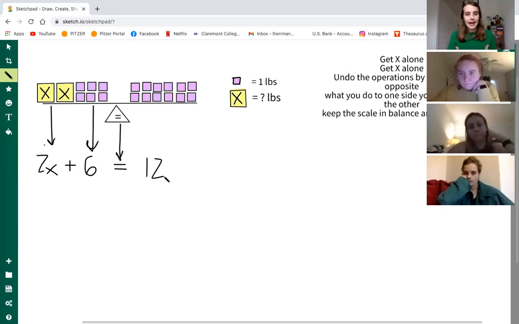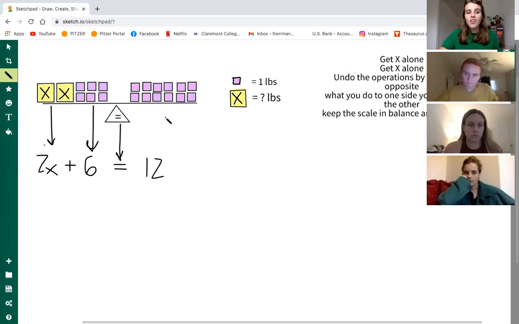But we need to get X alone in order to solve for the X value. So I want you to think of how we might add, subtract, move some of these weights around our scale in order for us to get X alone. But we need to be careful. If I want to get X alone, it's super easy for me to just subtract everything and leave one X box on the left side.